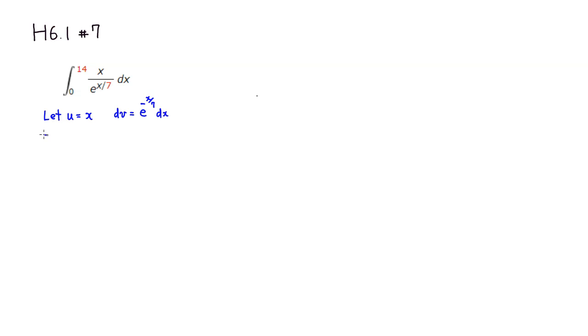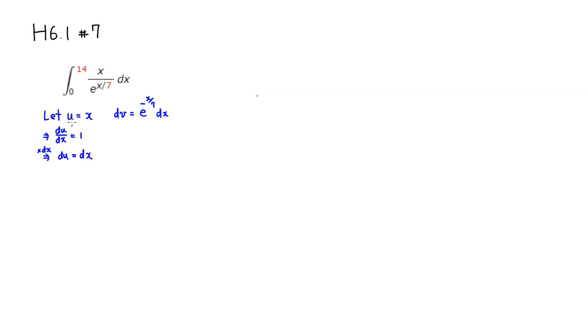As usual, we take the derivative: du over dx, and the derivative of x is 1. If you multiply through by dx, we get that du is equal to dx.